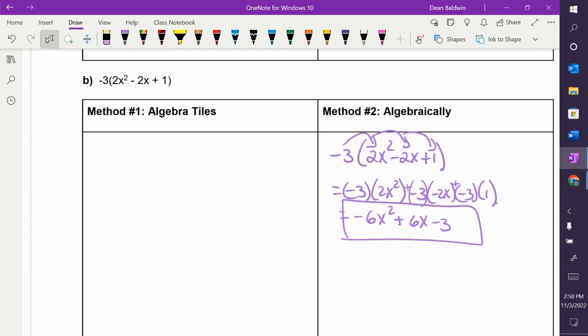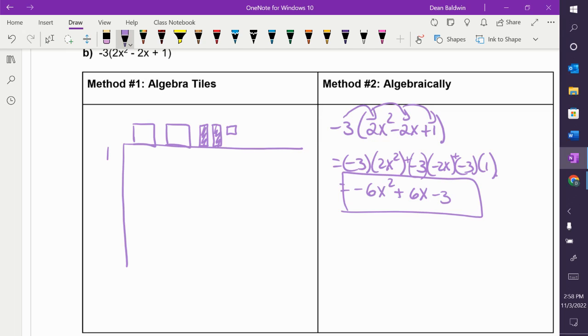If you did it with algebra tiles, just to see that it would match, two x squareds, I can draw two squares up there. Negative 2x means, what do I do with the rectangles? Shade them. And then positive 1, just a little box like that.